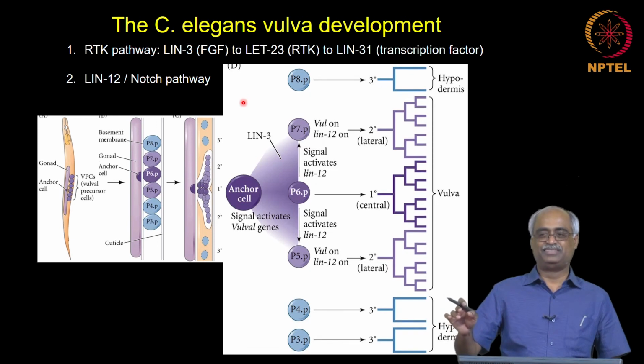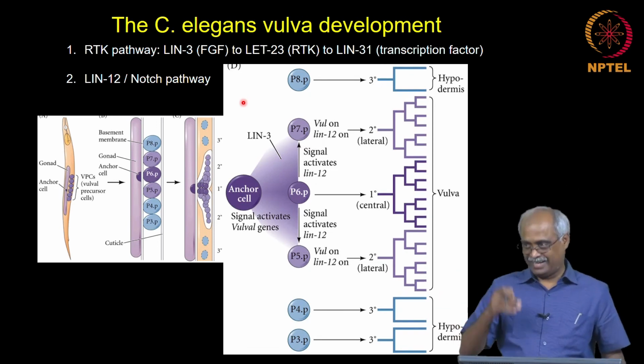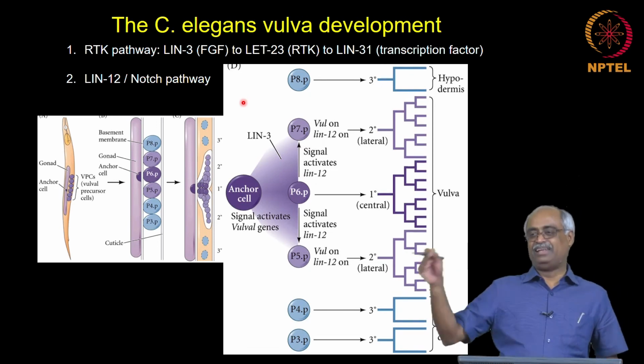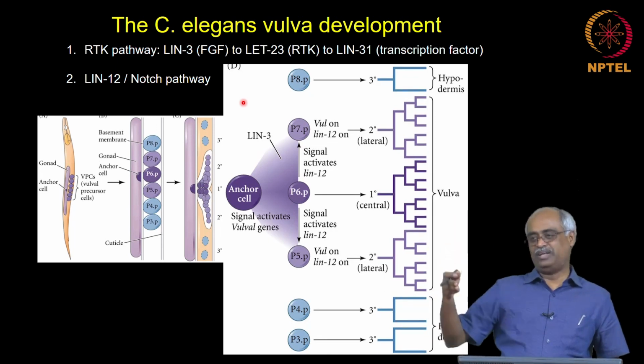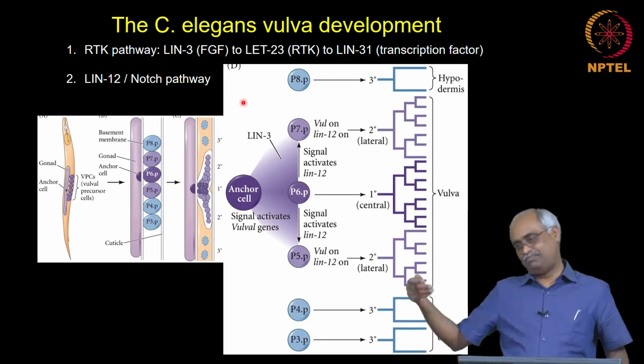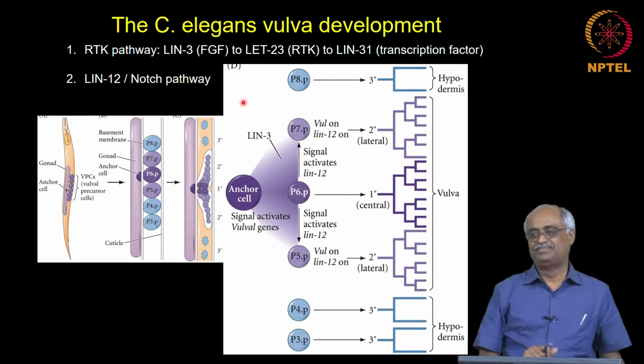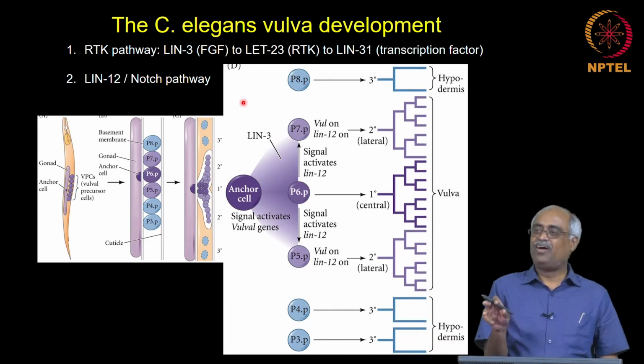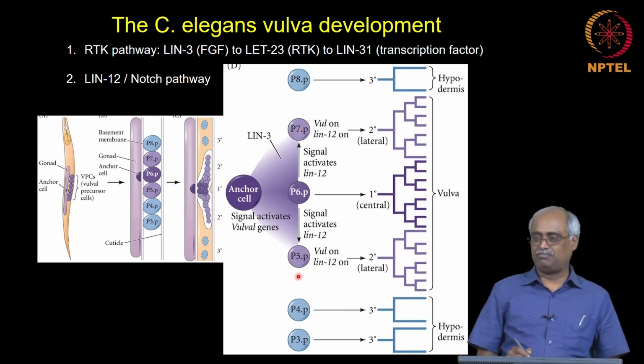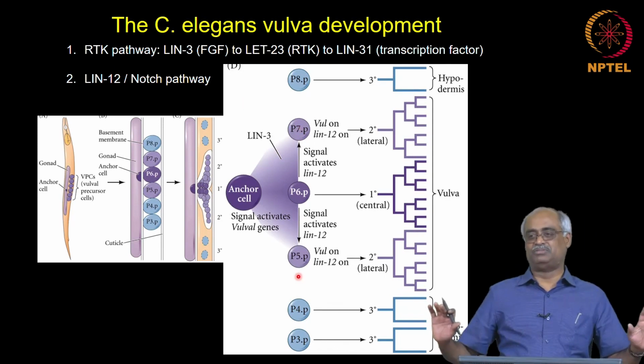Do you understand what that means? It was the anterior daughter. Similarly in the other one, when Z4 divides, the posterior great-granddaughter of Z4 on the posterior side. So those two cells are like P7.p and P5.p, in an identical situation.